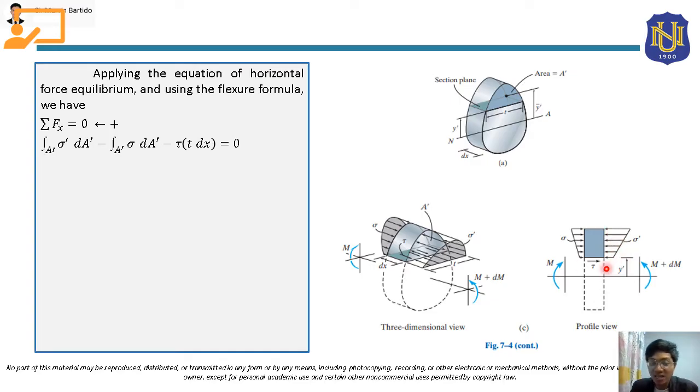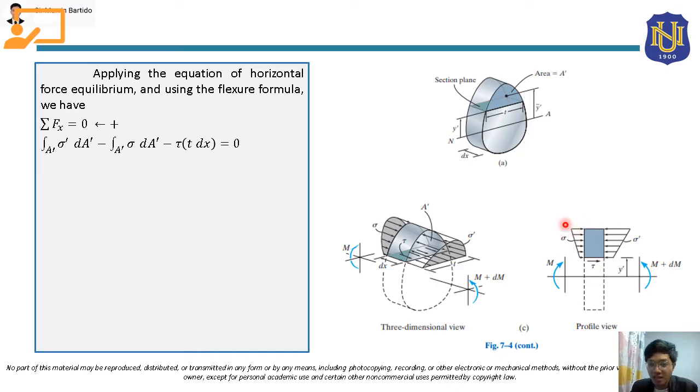Let's say the area where this sigma prime acts is dA prime. So the summation of the stress in this element on its differential area will be the equivalent force. It will be positive, class, since this is directed to the left.